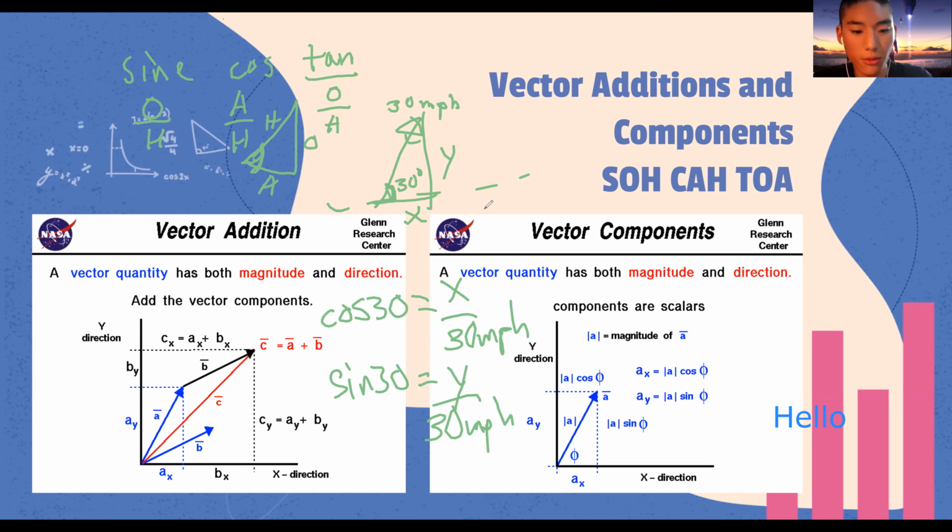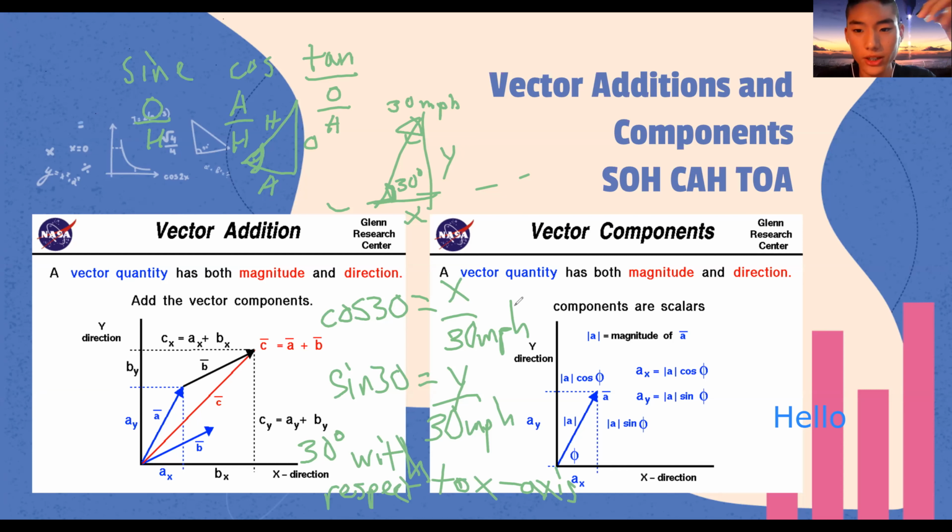So if I were to say it right here, I would say 30 degrees with respect to the x-axis.